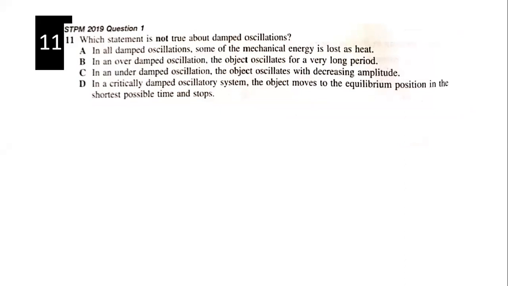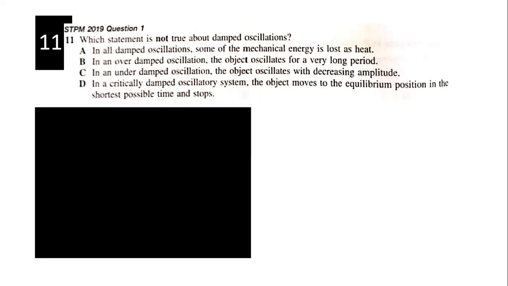Which of the statements is not true about damped oscillation? In all damped oscillations, some of the mechanical energy is lost as heat. That's true. In an overdamped oscillation, the object oscillates for a very long time. No, there is no oscillation.